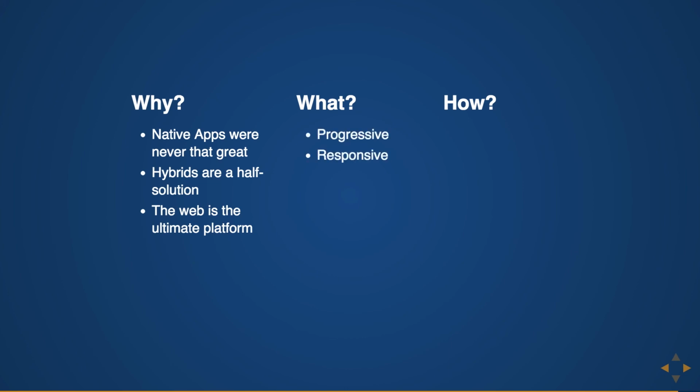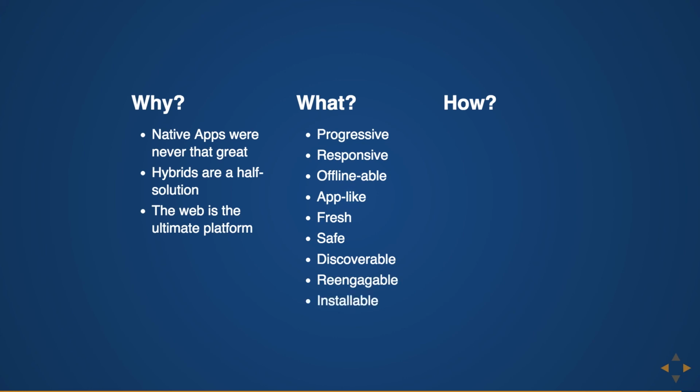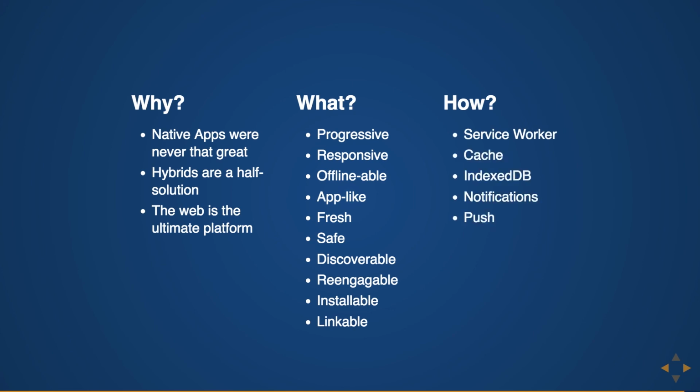They're progressive, responsive, offlineable, app-like, fresh, safe, discoverable, re-engageable, installable, and linkable. How do we make them? We make them with Service Worker, with cache, IndexedDB, notifications, push, manifests, Navigator APIs, Flexbox and Grid, and web workers.